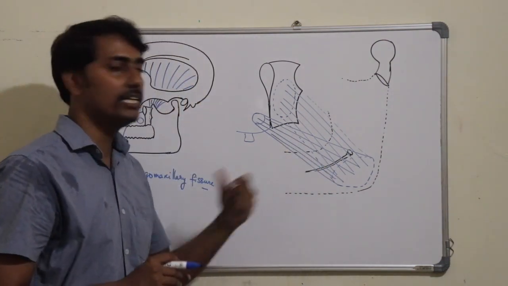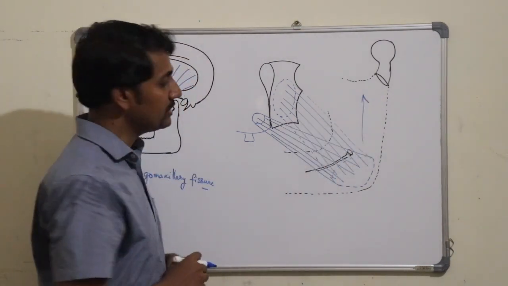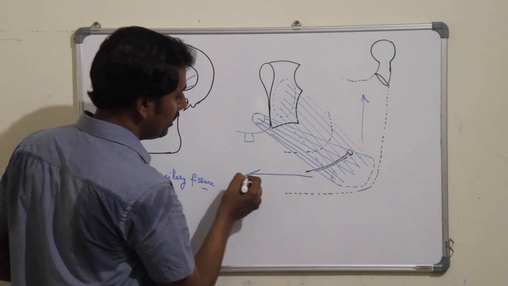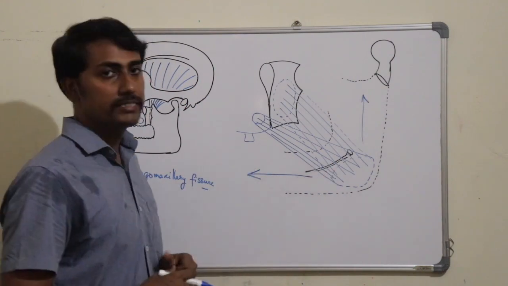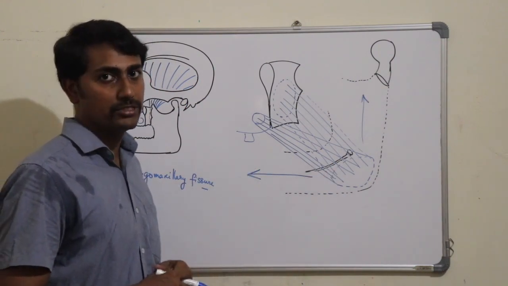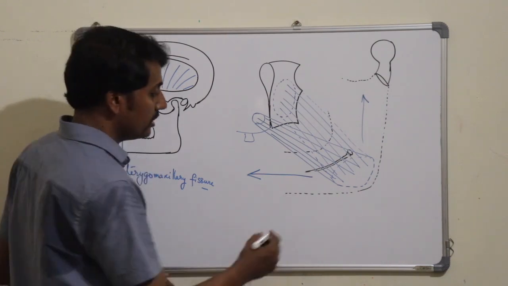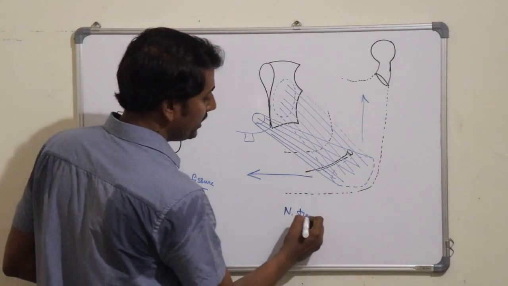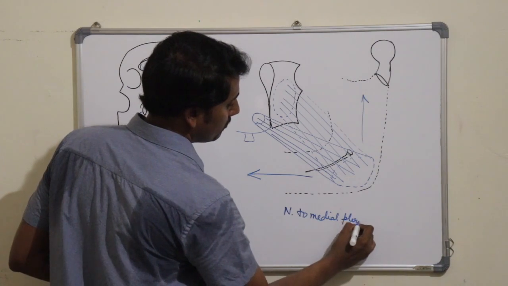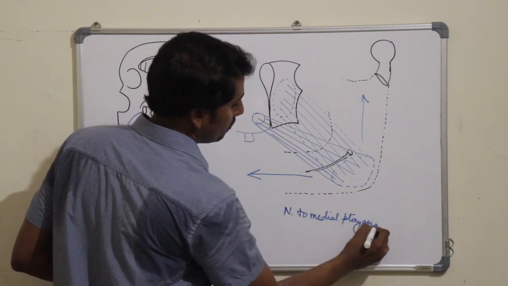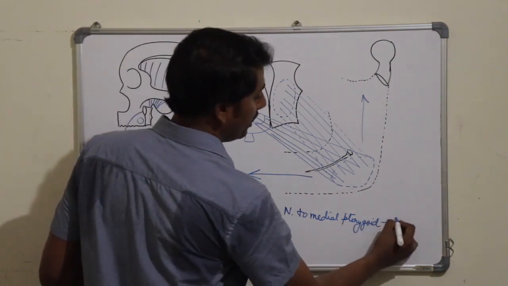So the action of the medial pterygoid muscle would be elevation of the mandible as well as protrusion of the mandible. The nerve supply. The medial pterygoid muscle is supplied by a direct branch coming from the main trunk of the mandibular nerve, that is nerve to medial pterygoid, which is a branch from the main trunk of the mandibular nerve.